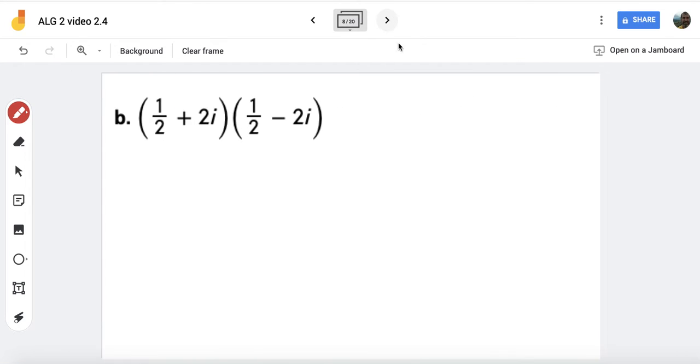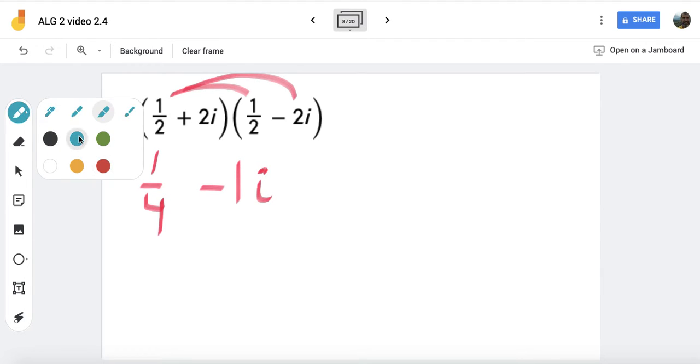The other one, if you want to give it a shot, click pause. Alright, 1/2 times 1/2 is 1/4. That's that times that. 1/2 times negative 2 is negative 1i. And then I'm going to distribute the 2i. So 2i times 1/2 is positive 1i.